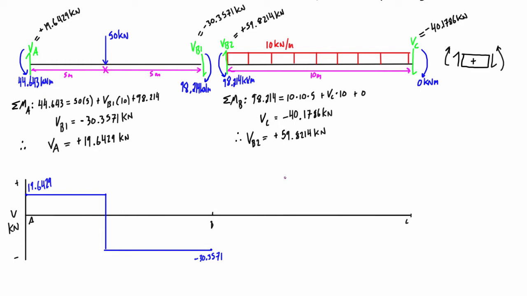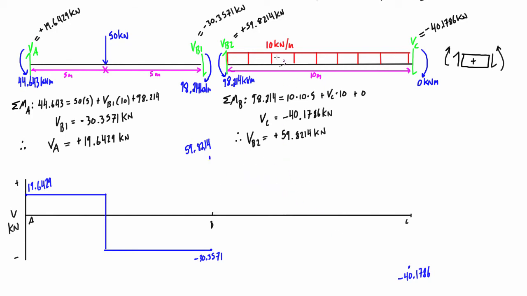What we want to do now is jump over into the second span here, where we know that the shear on the far left-hand side of the span is positive 59.8214 kilonewtons. And then we want to draw on the shear on the far right-hand side, where we had negative 40.1786. There's a few ways to think about how we should connect these. Obviously, the easiest one is we know that where we have a distributed load of 10 kilonewtons per meter, the shear is falling, going more negative, 10 kilonewtons every meter.